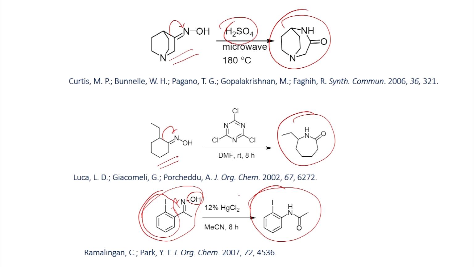As you can see here, the reaction is stereospecific. The substituent which is trans to the OH group undergoes migration, and you get the corresponding rearranged product. And if you look at the reactivity of the substituent, the aryl substituent shows greater reactivity compared to the alkyl substituent.